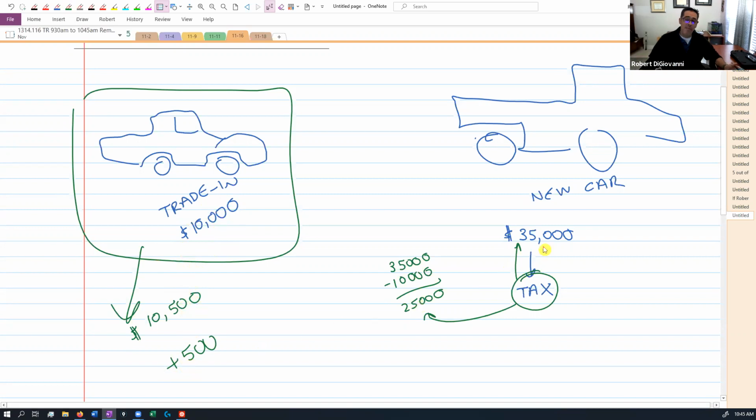But now you have to pay tax on 35,000. So is the tax on 35,000 more than 500? Did you gain or lose? You don't have to do this. I'm just saying, if money matters to you, these are little subtleties. The way tax works with cars, it's usually a really good idea to have a trade-in because it brings your tax down on this car.